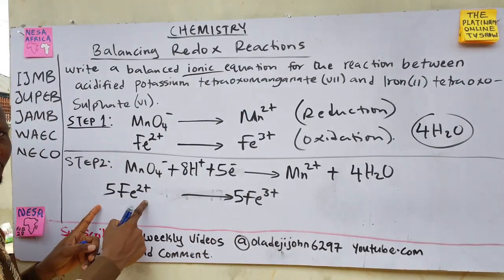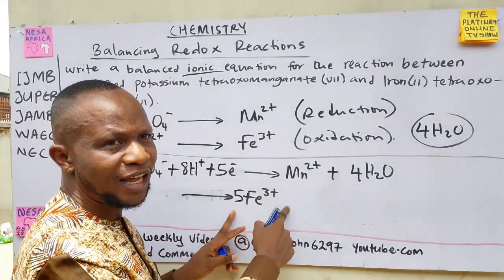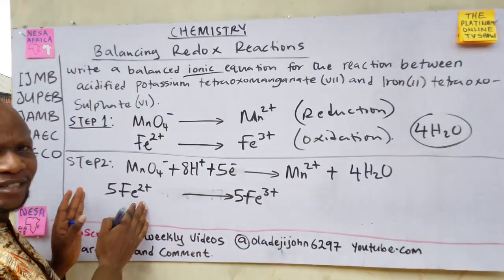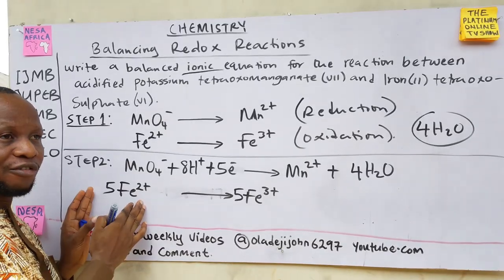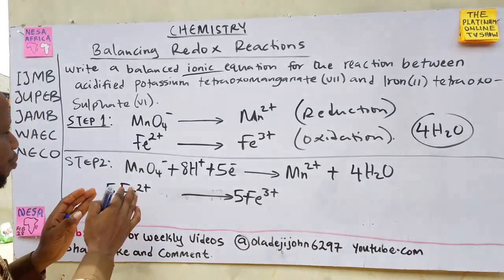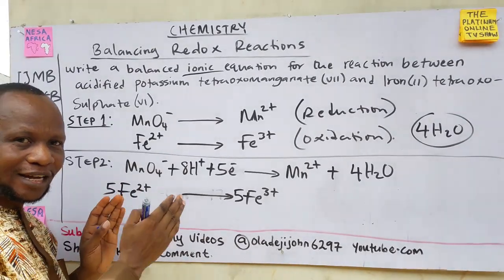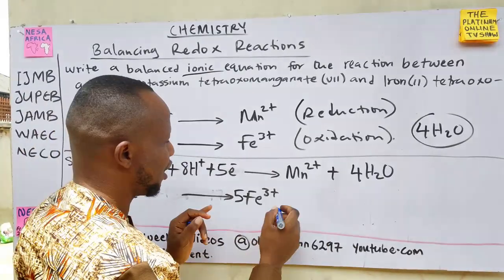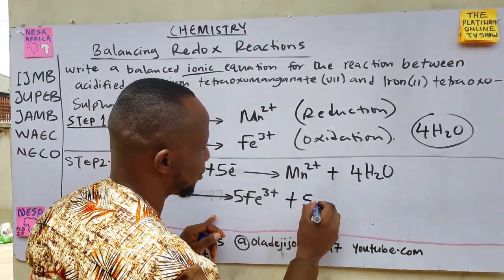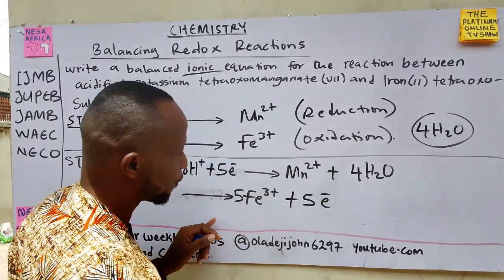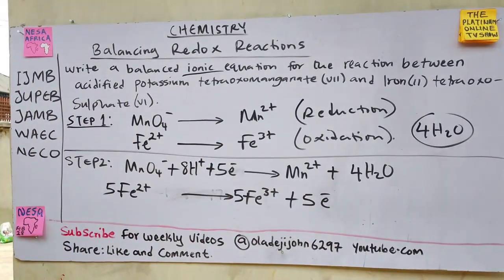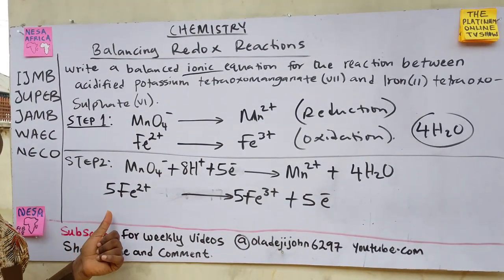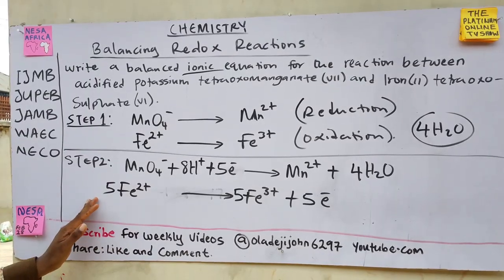If we have 10 here and 15 here, this side is deficient of 5 electrons. Like I said, we add them to the other side, so we are adding 5 electrons to balance up our deficiency. Now, this is step 2.